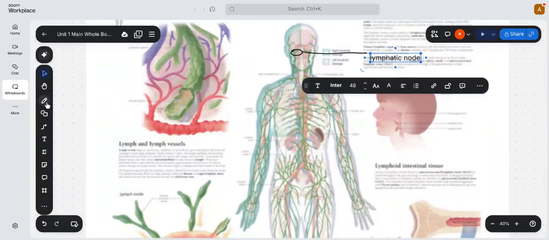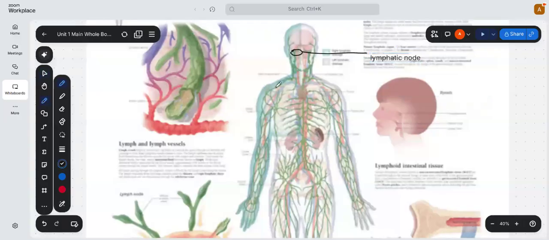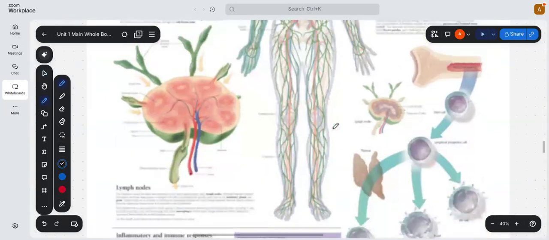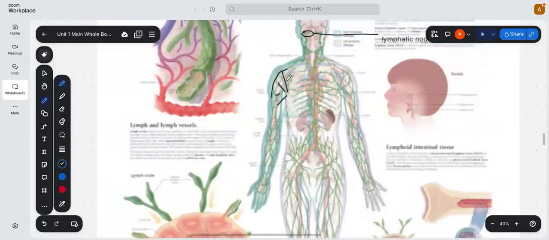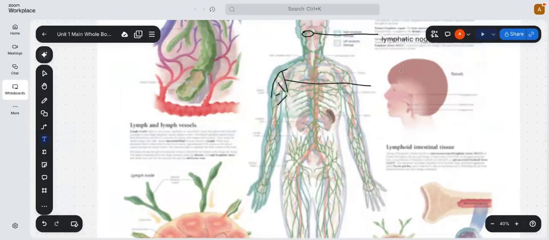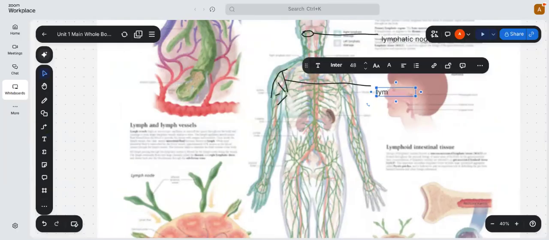And then all of the green lines that you see, going down this person's arm, around their armpit and their chest, and then throughout their whole body, green lines equal lymphatic vessels. So over here, lymphatic vessels.